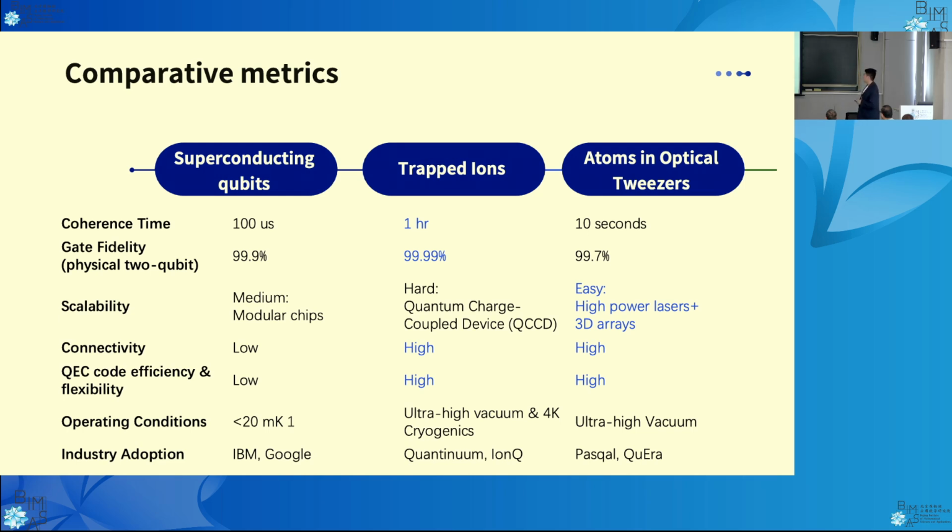So we always want some sort of atomic properties because, for example, real atoms are identical. They are very precise, so they have incredibly long coherence times. With trapped ions, you can get to 1 hour, and you can get 2 qubit gate fidelity with 4 nines. That's the current record among any physical platform in quantum computing. These are physical 2 qubit gate fidelities.